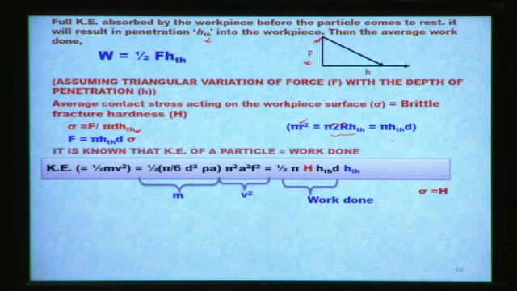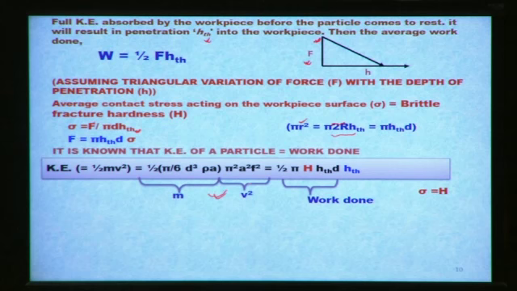Now after simplification we shall get force equal to sigma multiplied by pi h_th d. It is known that the kinetic energy of this particle is equal to the work done by this particle on the workpiece surface. If we equate these two equations, this kinetic energy we have already calculated, and this is the work done by this particle here.